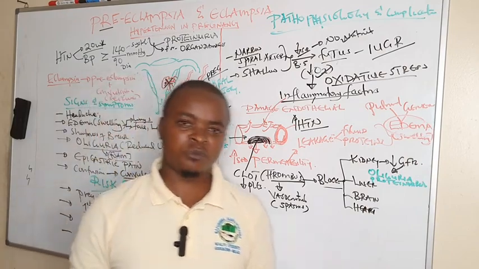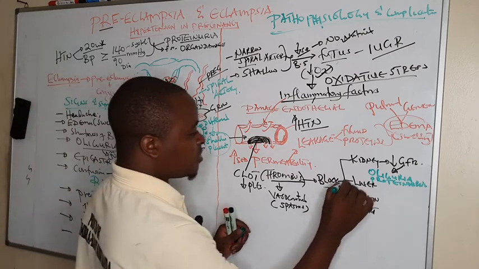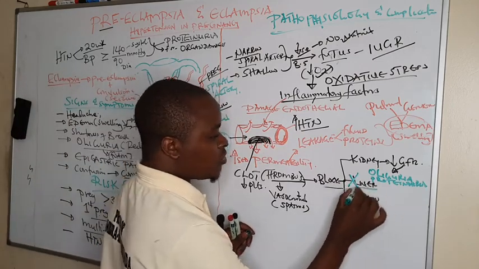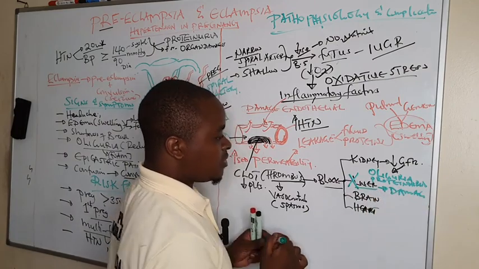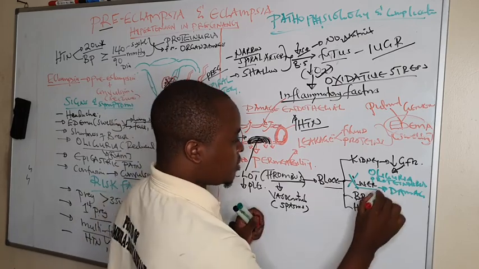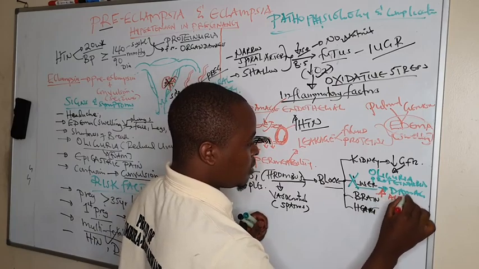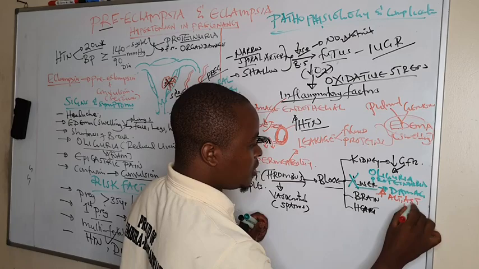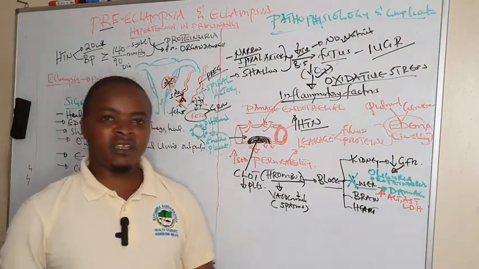You find urinary output is less than 1.5 liters per day. Then if it is the liver, it is going to cause liver damage, and this will result in an increase in liver enzymes such as ALT, AST, and LDH.